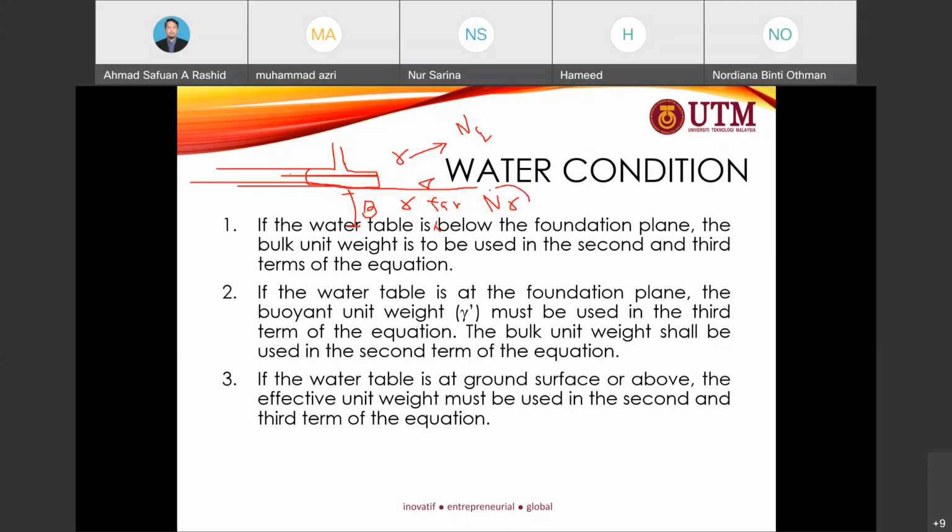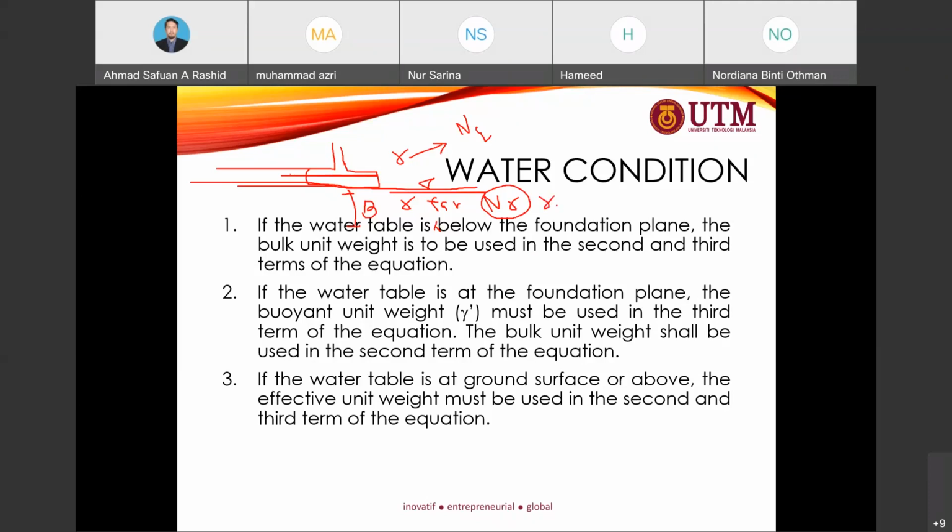So the gamma in the N gamma term, sub-equation number 3, has a little modification by using the effective unit weight value.